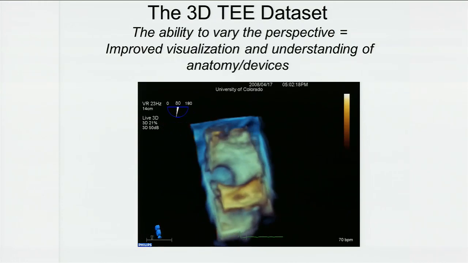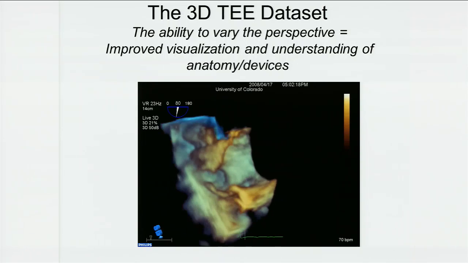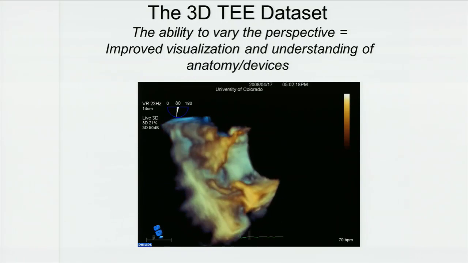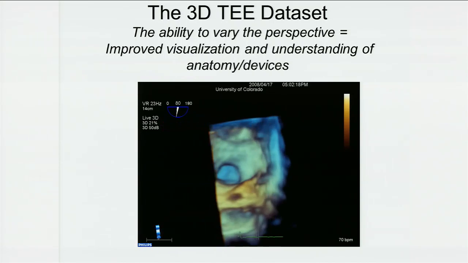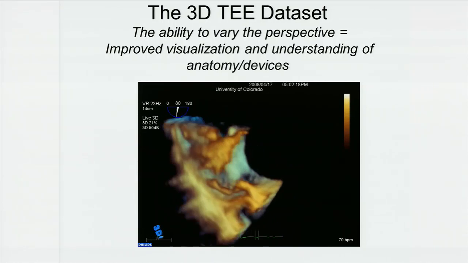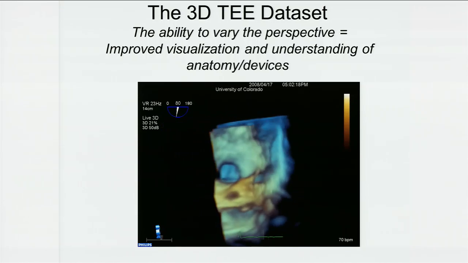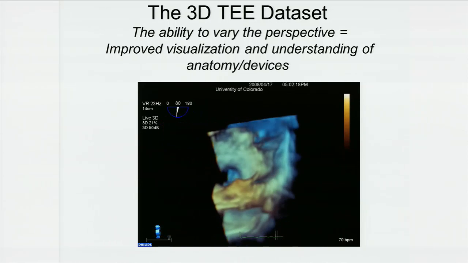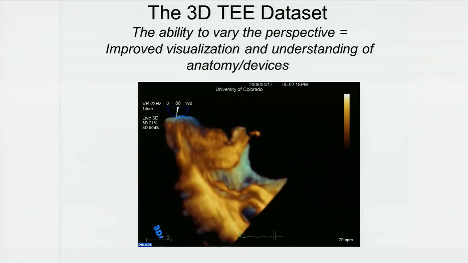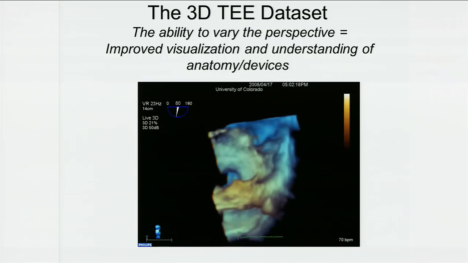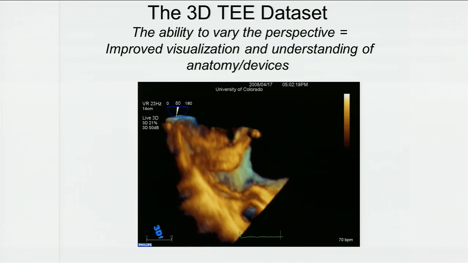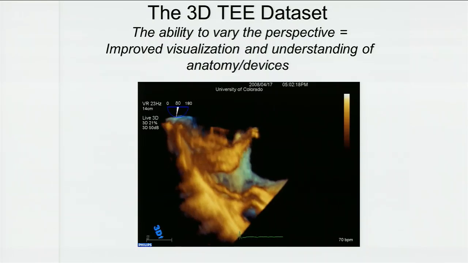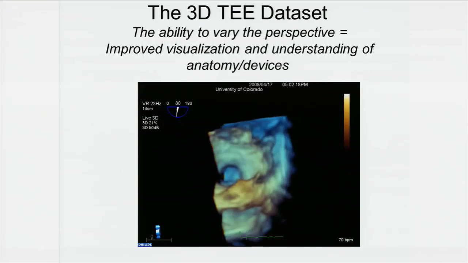This shows an image where a lot of the brainstorming in this kind of project started. And this is a TEE image, 3D obviously, of a left atrial appendage. So it's from the view of the esophagus, but you're changing perspectives. And what happened with the advent of 3D TEE is that after the procedure, sitting down at a workstation, you were able to really review the anatomy and the intervention after the fact, but still you had control of the image, you had control of the perspective.